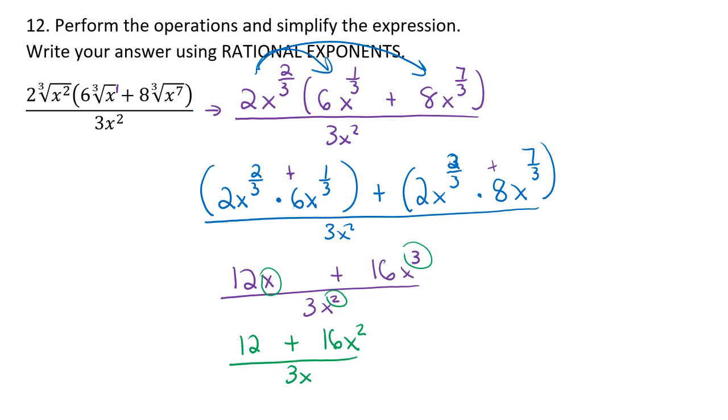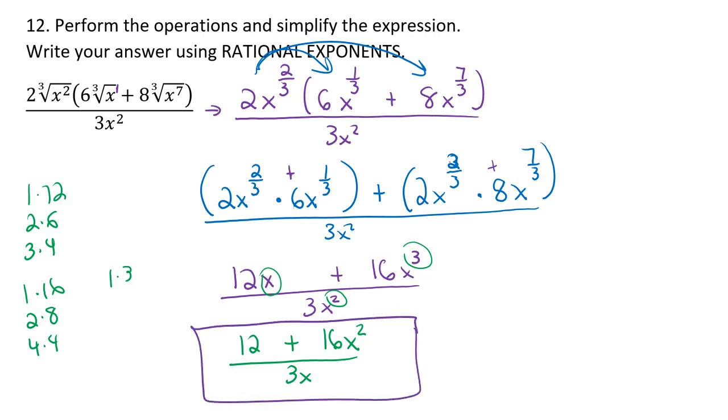Sadly, they do not. 12 is made up of 1 times 12, 2 times 6, 3 times 4. 16 is 1 and 16, 2 and 8, 4 and 4, and 3 is just 1 and 3. They don't all have a single number in common besides 1, so this is as simplified as I can make this problem here.